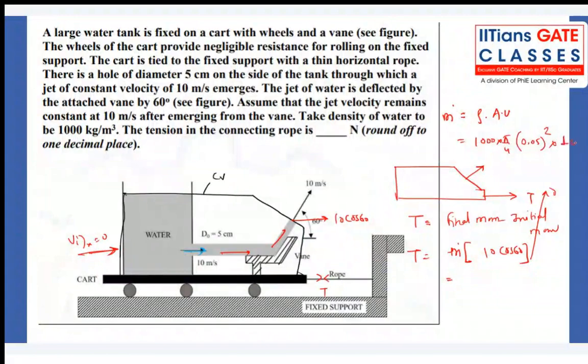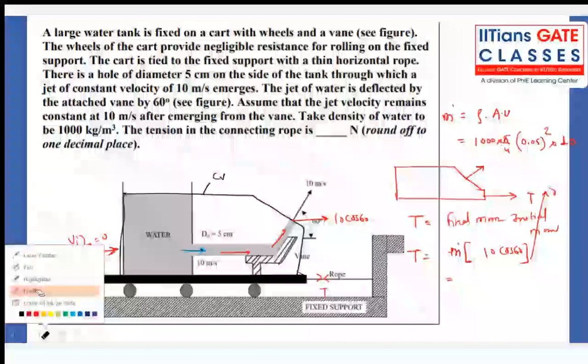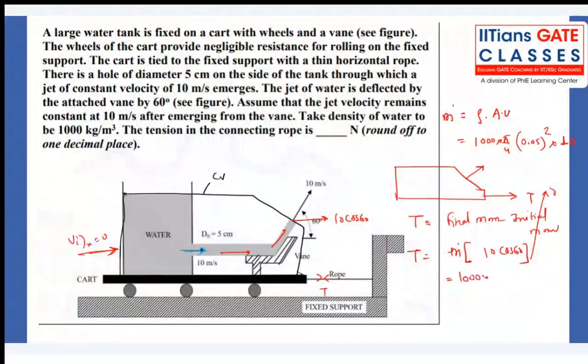So when you just calculate, you will be getting 1000 into pi by 4 into 0.05 whole square into 10 into 10 by 2.